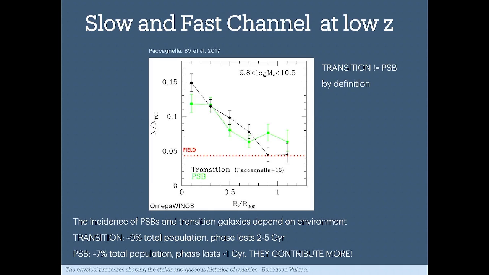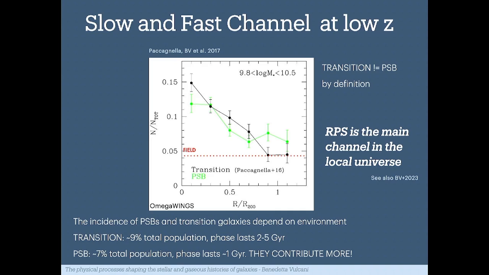Fractions are similar. However, the visibility phase is very different. Transition galaxies most likely are visible for 2 to 5 gigayears. Post-starburst signatures are visible for 1 gigayear, so we can conclude that post-starburst galaxies contribute more than transition galaxies. So RAM pressure stripping is the main channel in the local universe to quench galaxies.